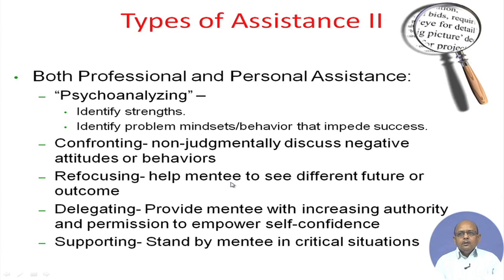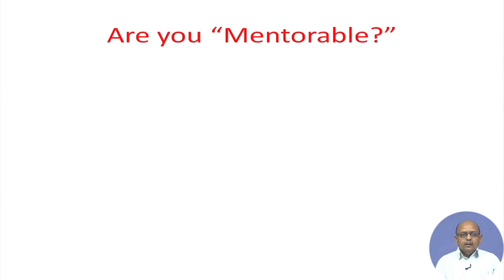So, these are the various kinds of assistance which have to be provided during mentoring. As a mentor, you need to understand that this is what is to be done. Another very important issue is whether the person who needs to be mentored is mentorable: can this person really be groomed and developed or not.